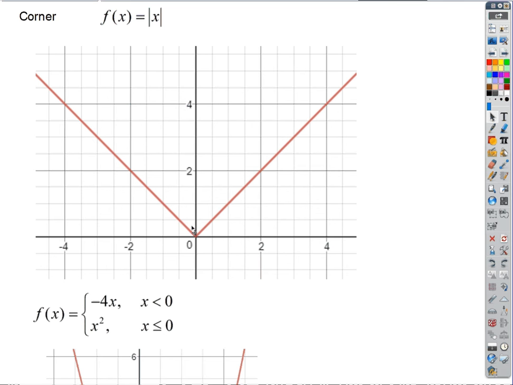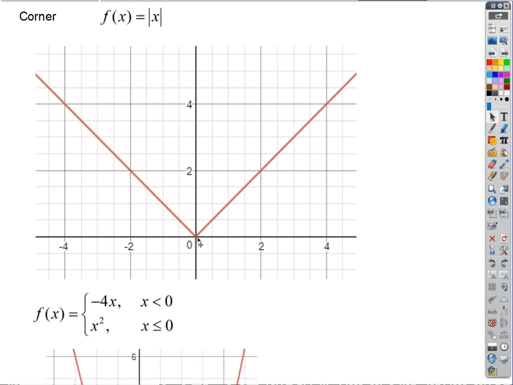You can't really define a slope for an isolated point. At that point, the slope depends on the relationship of that point to its neighbors on the left and the right. Does that make sense? So because we can't agree, you can get different values from the left and the right, you can't define a slope there, and that's what it means that the derivative is not defined.